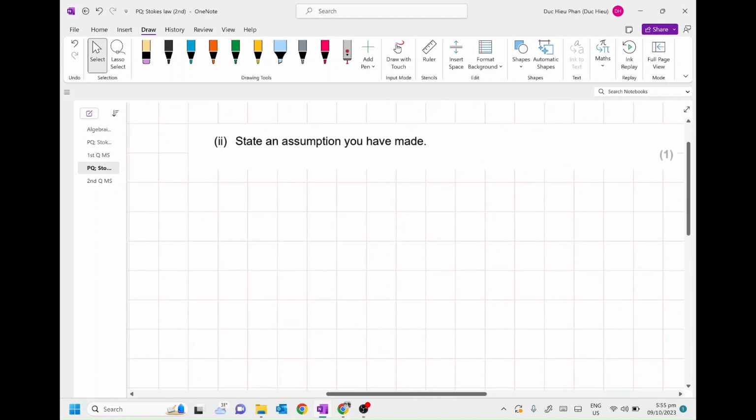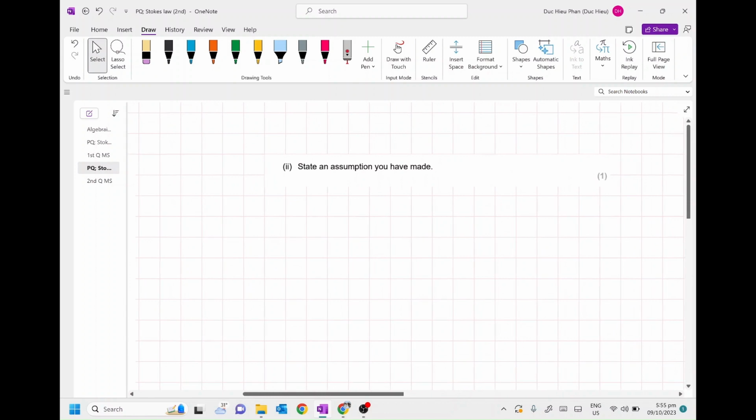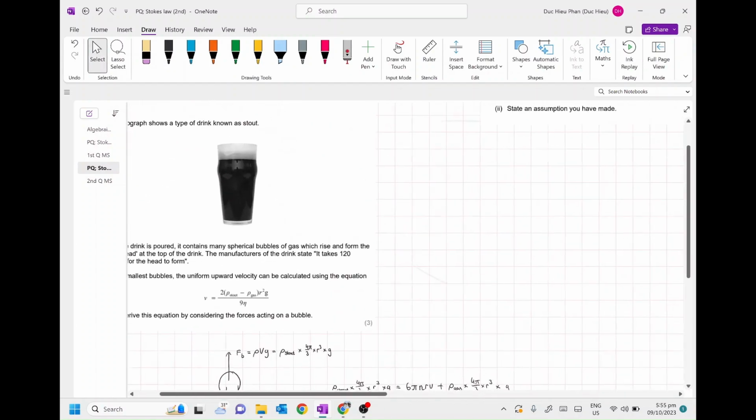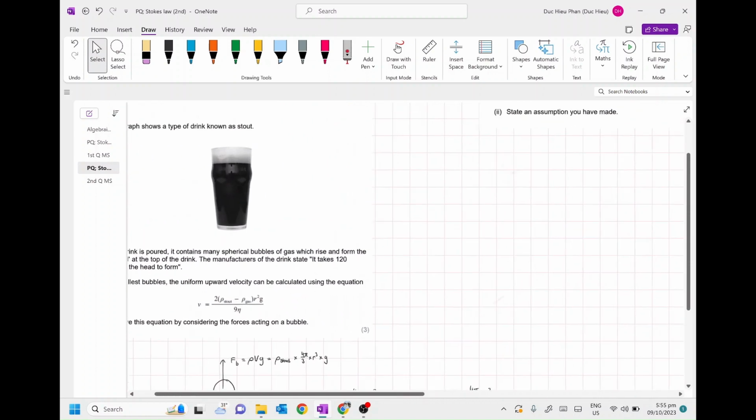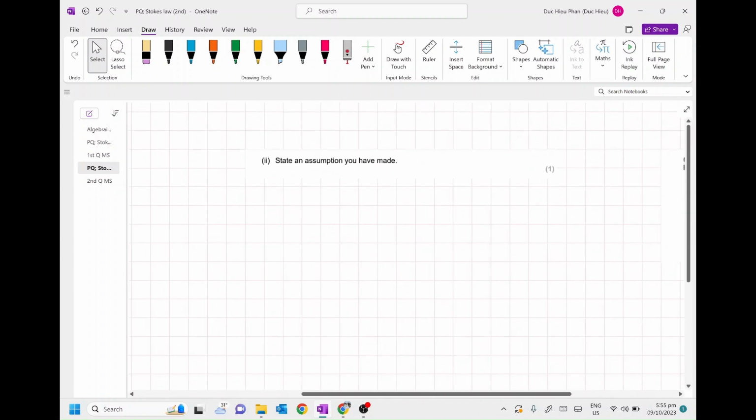State an assumption you have made. Again, these Stokes law questions seem to be really focused on turbulent flow and laminar flow. So an assumption that we made is that this gas is traveling at terminal velocity, right? We're assuming that there's no turbulent flow behind it, dragging it down and decelerating it.